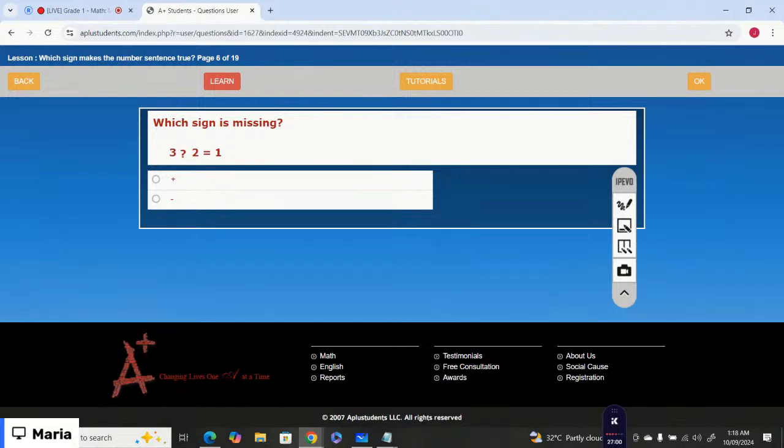The correct option is, yes, you have to subtract. That would be 3 take away 2 equals 1. Option number 2 is the correct option.